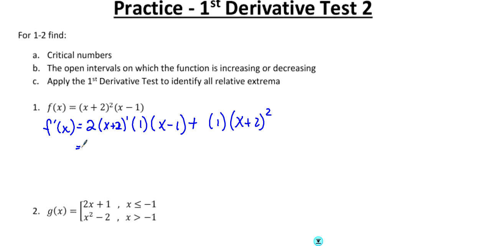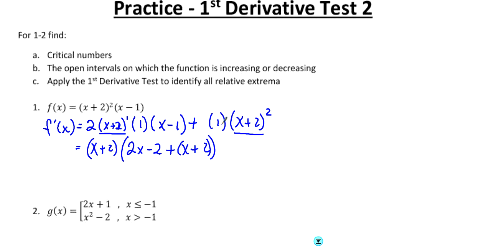If you notice, both of these have an (x + 2), so I can factor out the (x + 2), and in this first part, I'm left with 2 times (x - 1), which is 2x - 2, and then in the other one, I'm left with (x + 2).